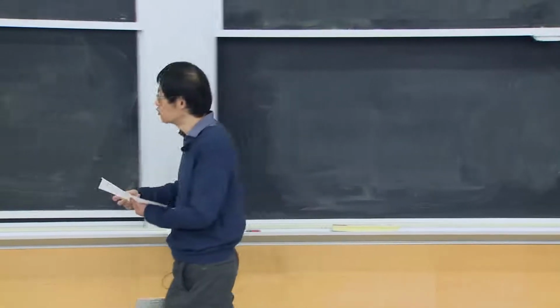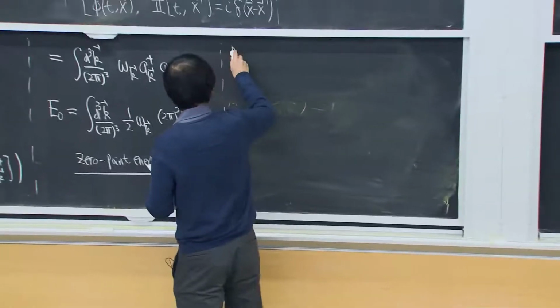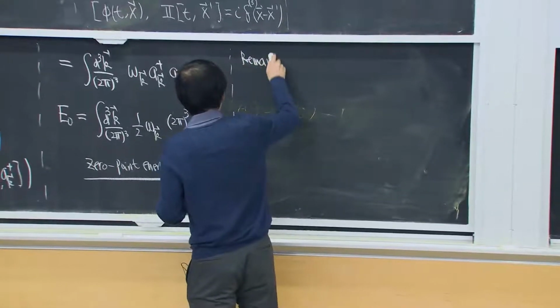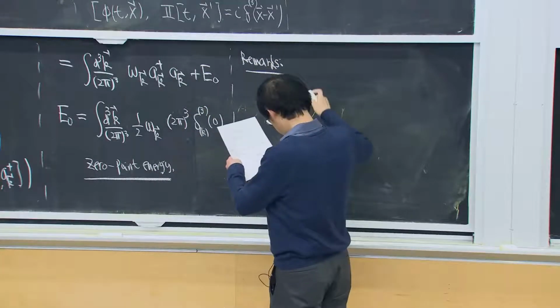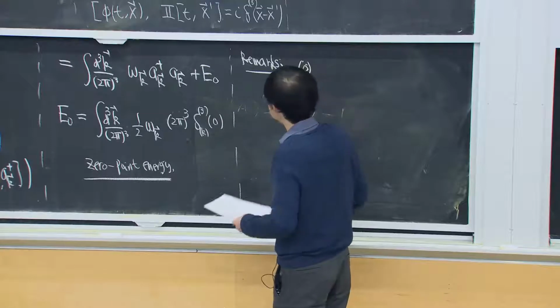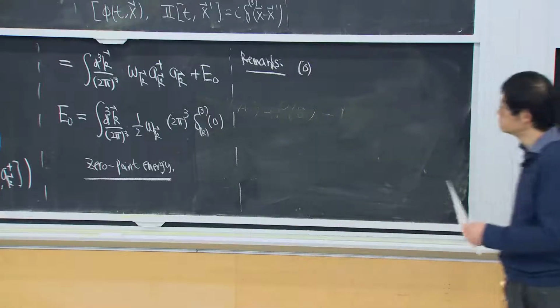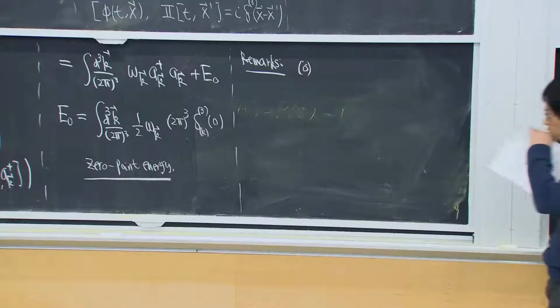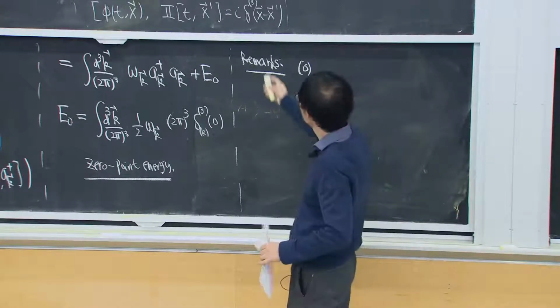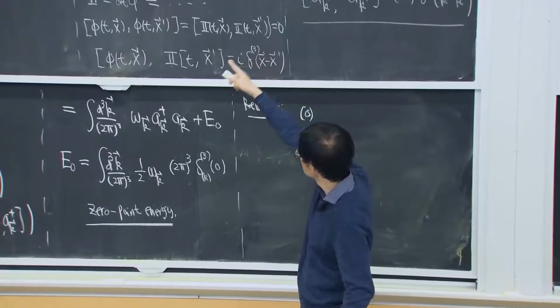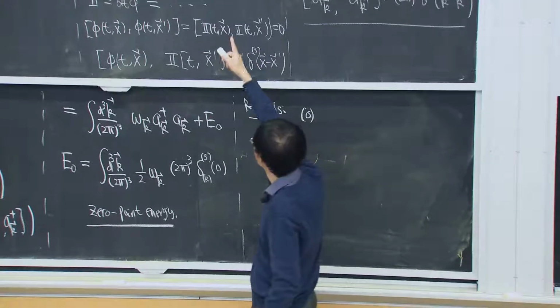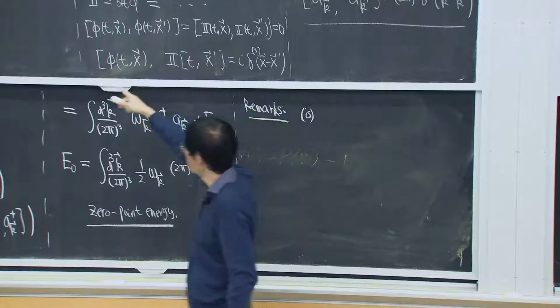Good. So, remarks. Let me just make a couple of remarks. First, something interesting happened. When you look at the expression for phi and pi, both phi and pi depend on time explicitly.